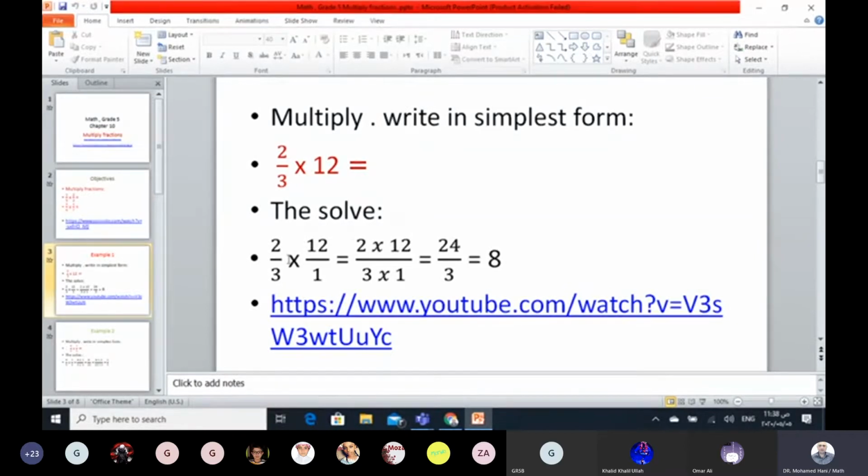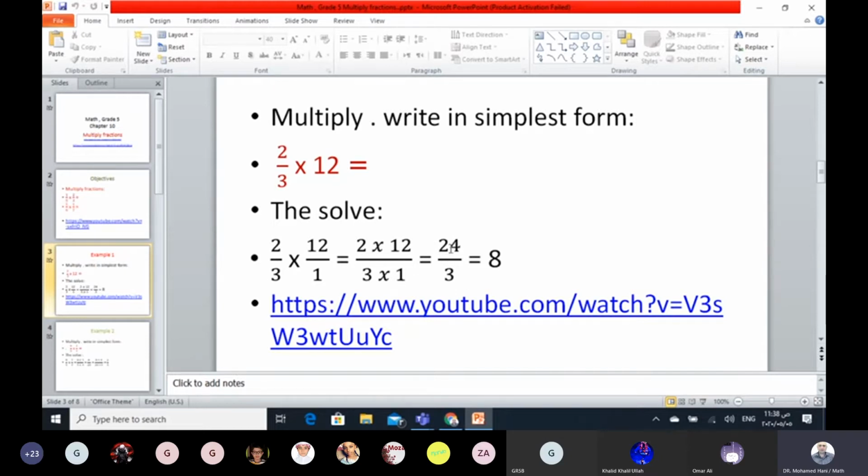So you can write here 2 multiplied by 12 over 3 multiplied by 1. Now 2 multiplied by 12 will be 24, and 3 multiplied by 1 will be 3.